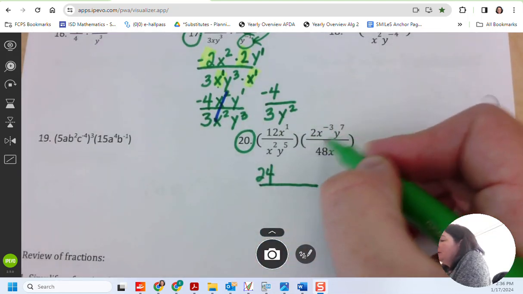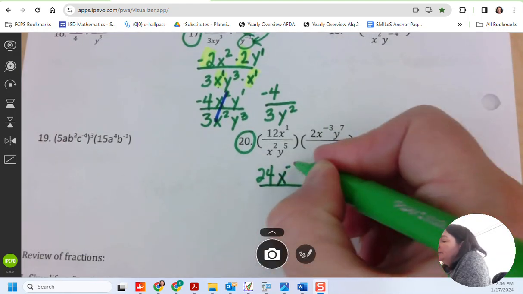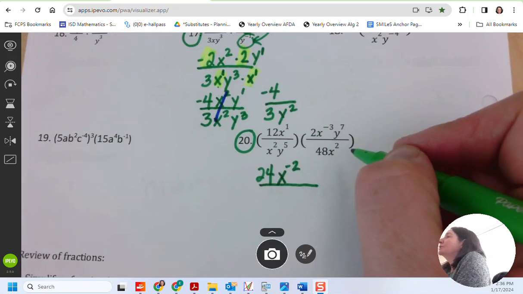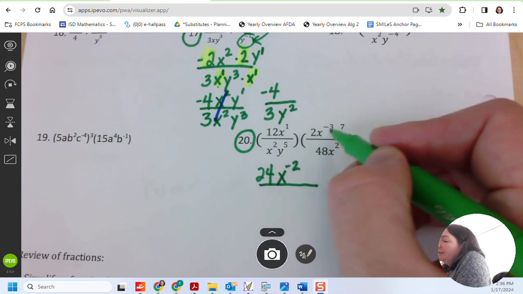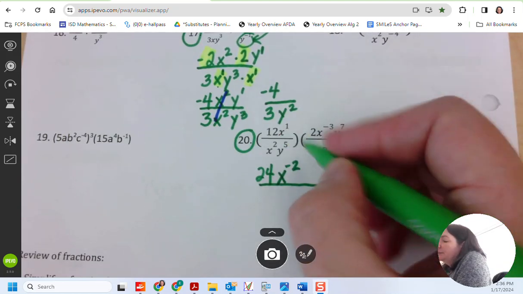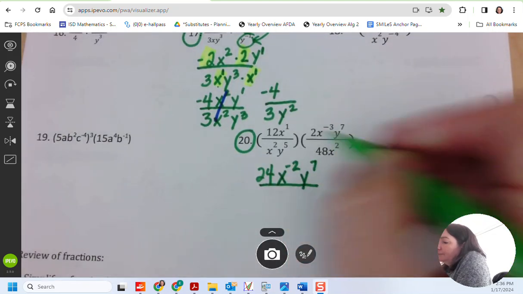X to the 1 times x to the negative 3, I add the exponents. Because 2 times 12 is 24. So those are just numbers, not exponents, so I really multiplied them. For the exponents, x to the 1 and x to the negative 3, when you multiply, you add your exponents, and then I still have y to the 7. That's the top.